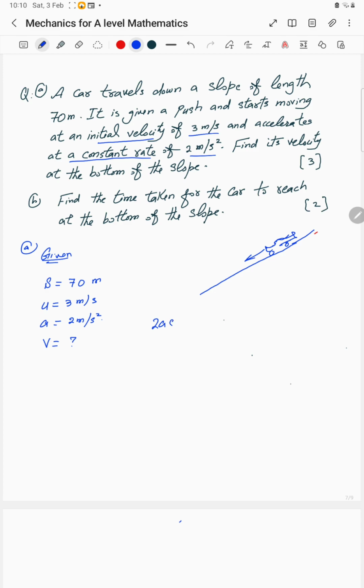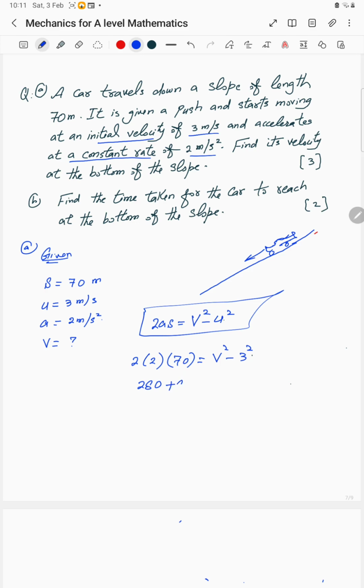So substitute values: 2 times a is 2, s is 70, v we are looking for, and 3 square for u square. So 2 times 2 times 70 is 280, and plus 9 will give you v square.